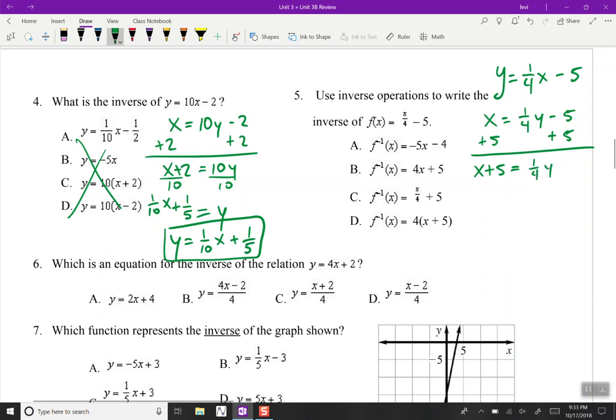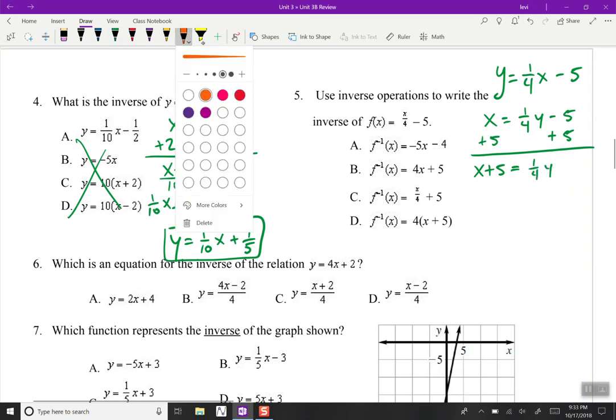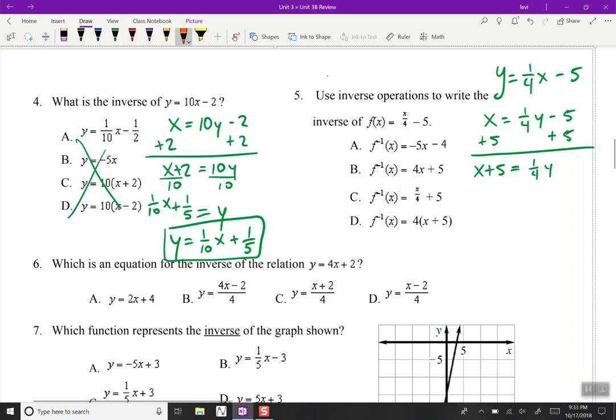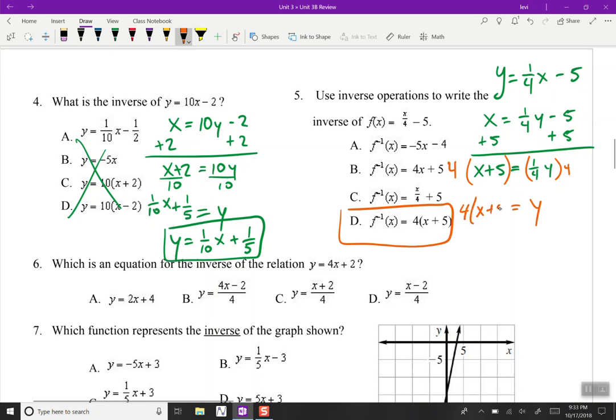What's going to undo 1/4 times y? That's going to be multiplying by 4. So multiply by 4, and we get y equals 4 times the quantity x plus 5.